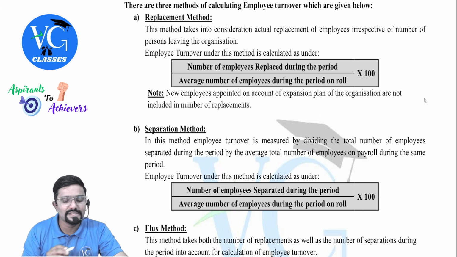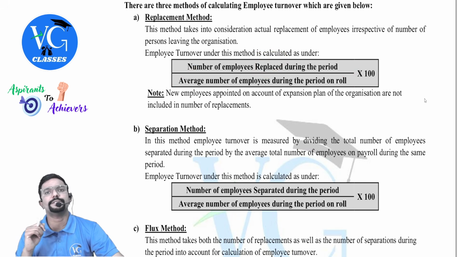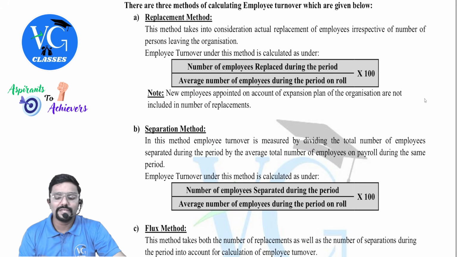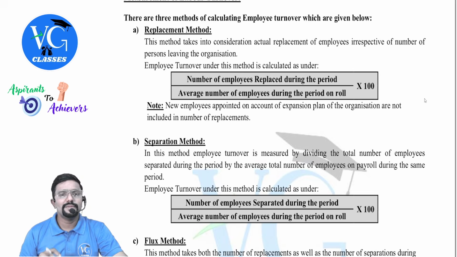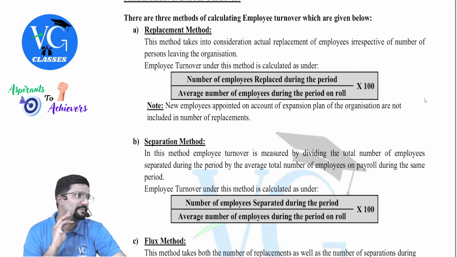The formula is number of employees replaced divided by average number of employees, into 100. We normally calculate it as a percentage. This method takes into consideration the actual replacement of employees, irrespective of the number of persons leaving the organization. We take only the replacement part.